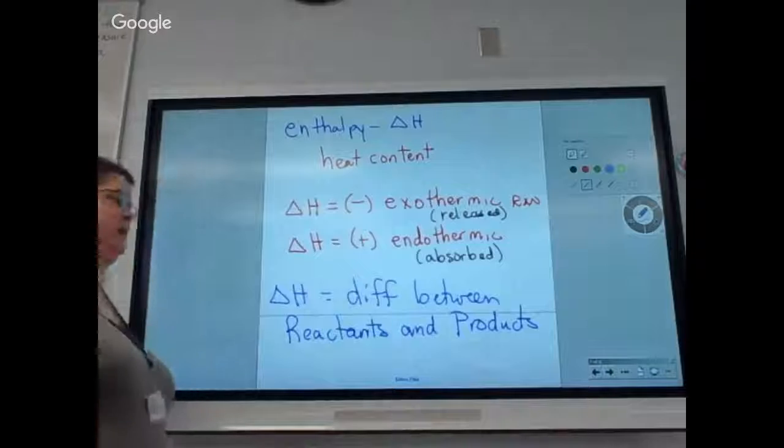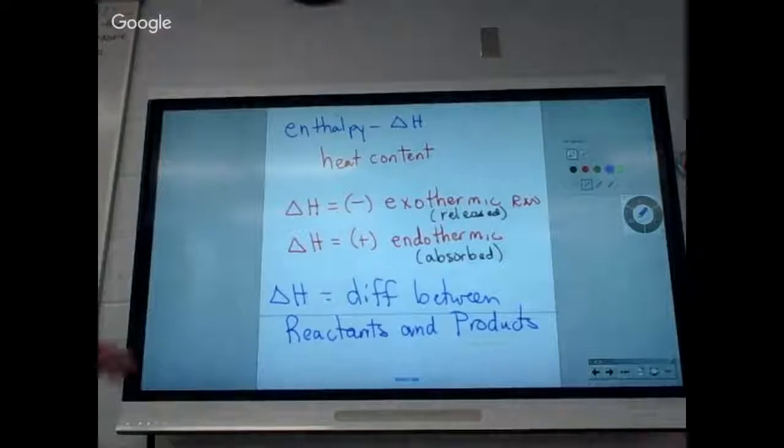Okay? Delta H is the difference between the reactants and the products.